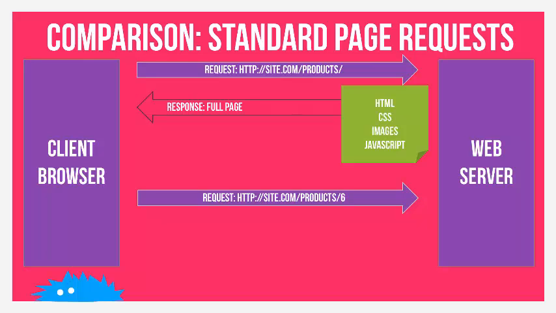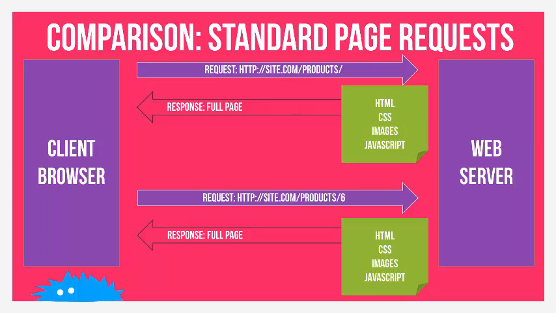And if we make another request to product 6 of that website, it would respond with the exact same payload, HTML, CSS, images, and JavaScript, even if there were duplication, even if things had already been downloaded previously. So the payload is much higher in this kind of architecture.